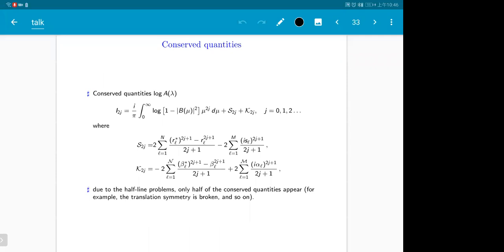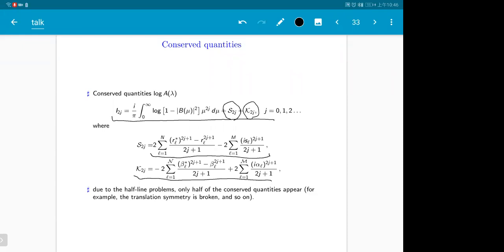And we can also derive the conserved quantities. Basically we take the log of A, and the conserved quantities can be expressed in this form. Again, you have these conserved quantities coming from this bound state, this soliton data, and also the contribution from the boundary conditions. This K comes from the kappa actually.